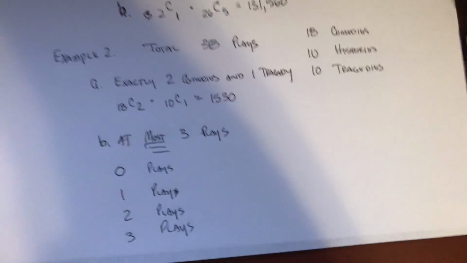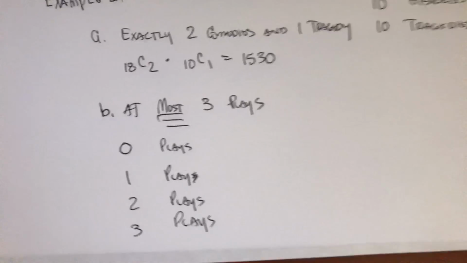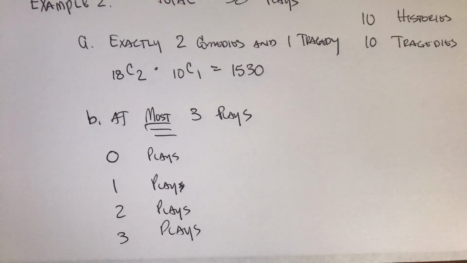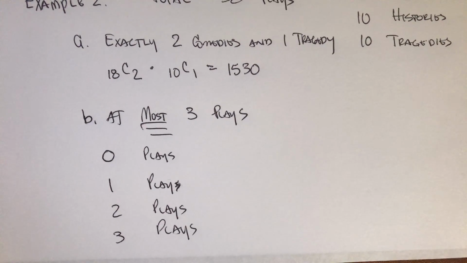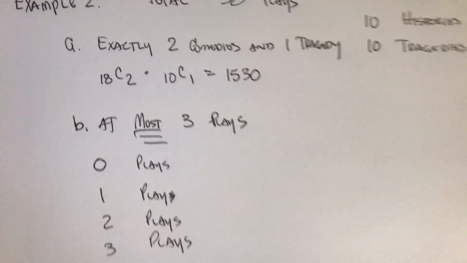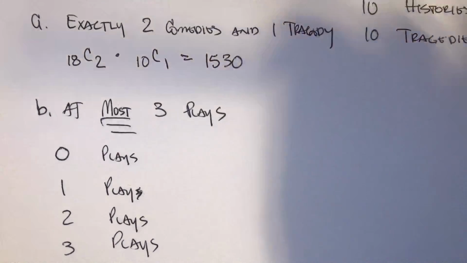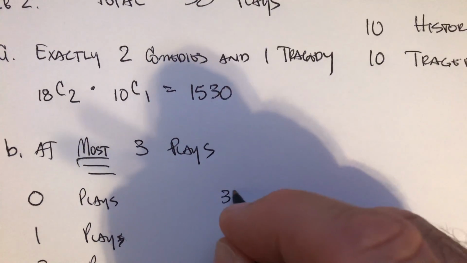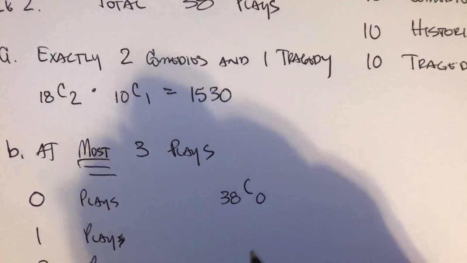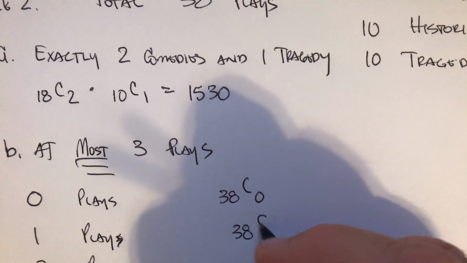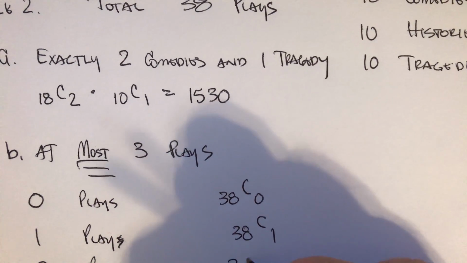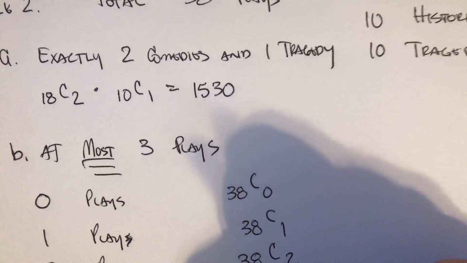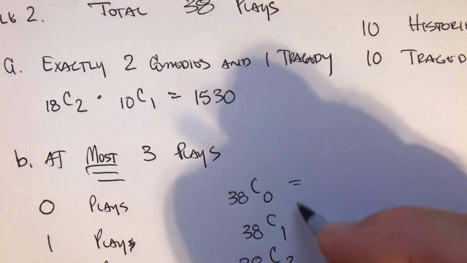At most 3 plays means that I can read 0, 1, 2, or 3. How many plays do I have? 38. So this is 38 C0, 38 C1, 38 C2, and 38 C3. So these are the different combinations.